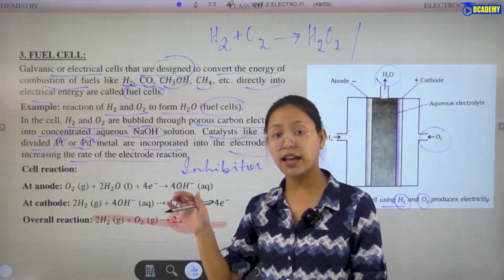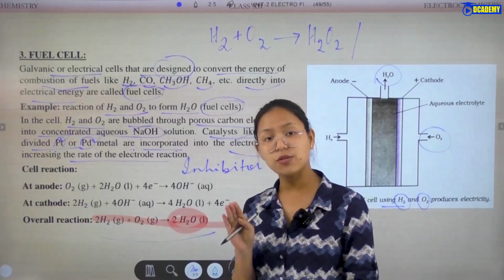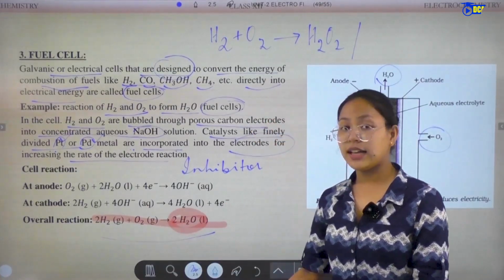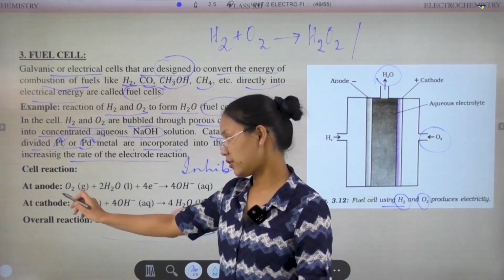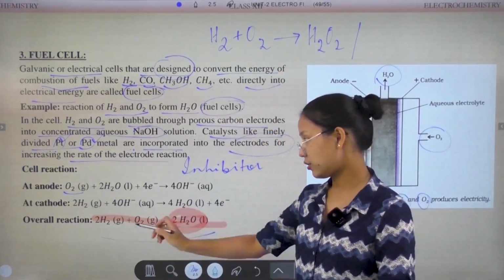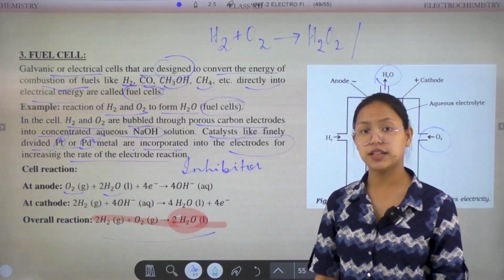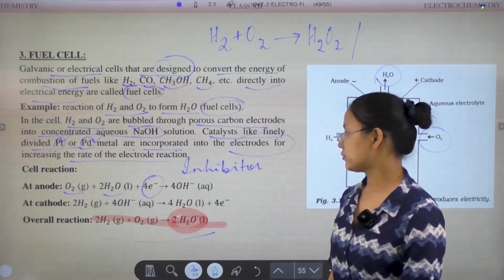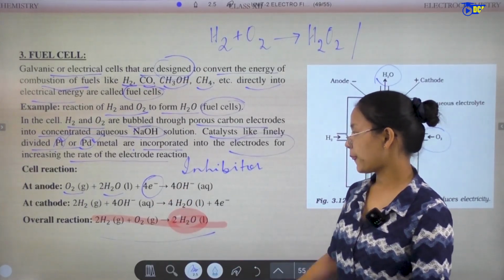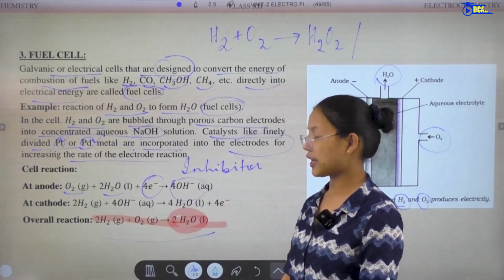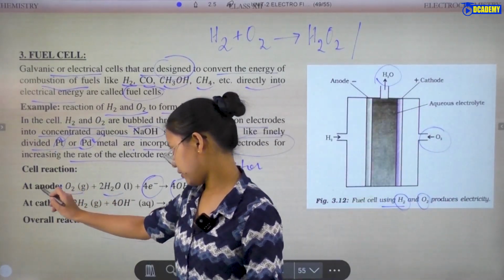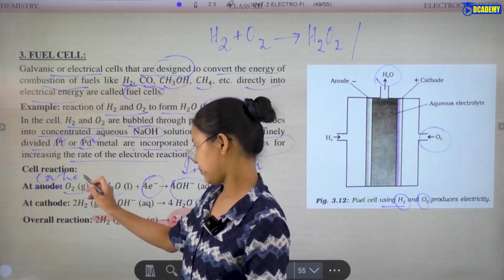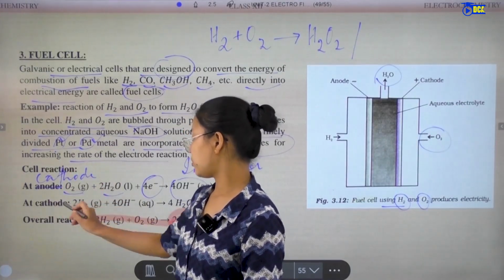Cell reaction: there will be oxidation and reduction. Oxygen gas reacts with water, with 4 electrons, to give hydroxide. This should be the cathode and this one should be the anode.